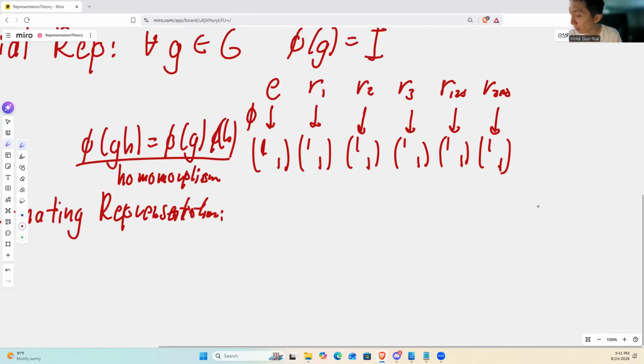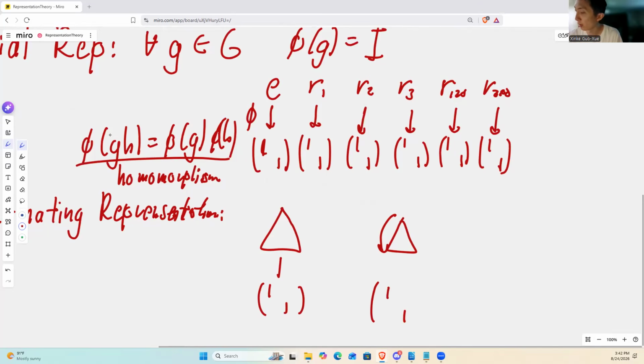So yeah, let's check the alternating representation, right? If you do nothing to the vertices, it sends it to the identity. If you rotate the triangle 120 degrees, it also is sent to the identity because it's an even permutation.